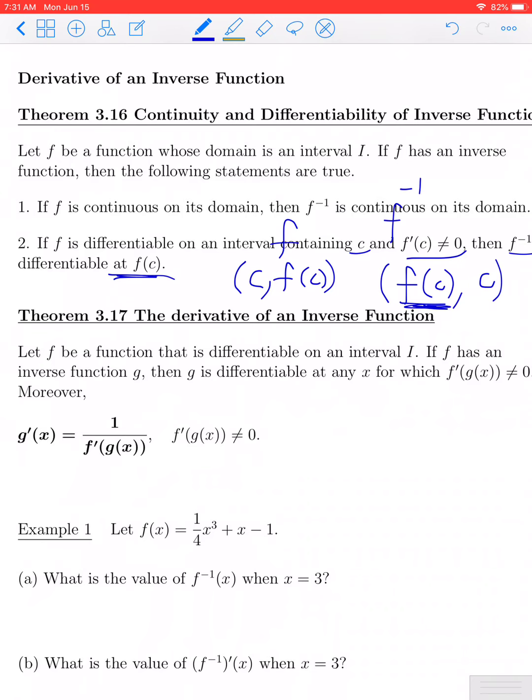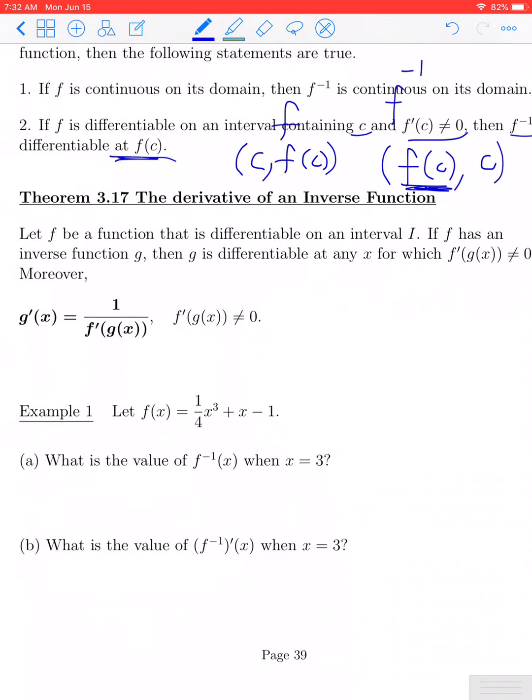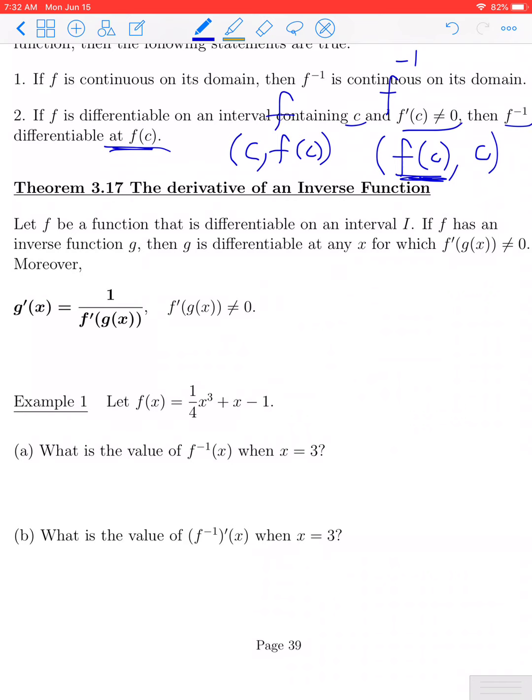So Theorem 3.16 tells us a little bit about when the inverse function is continuous, and in addition when the derivative exists. Theorem 3.17 will actually give us a formula for the derivative of the inverse function. Let's let f be a function that is differentiable on an interval I. If f has an inverse function g, then g is differentiable at any x for which f prime of g of x is not equal to 0.